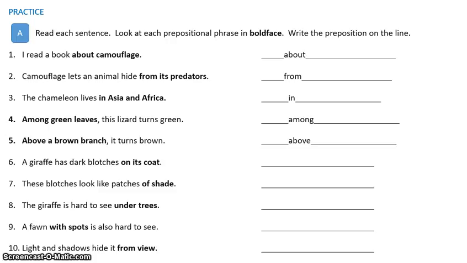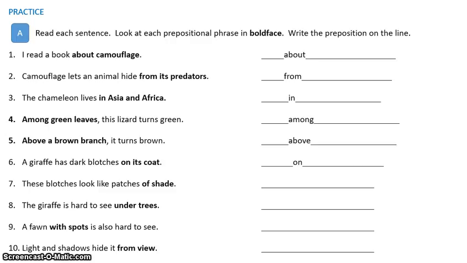Number 6, a giraffe has dark blotches on its coat. They've highlighted in boldface the prepositional phrase on its coat, and all prepositional phrases begin with a preposition, so your answer should be on.